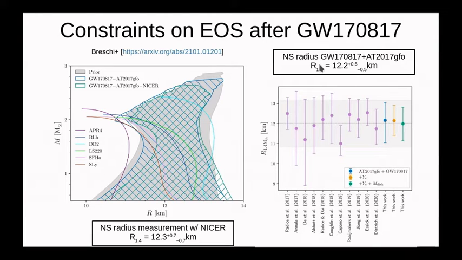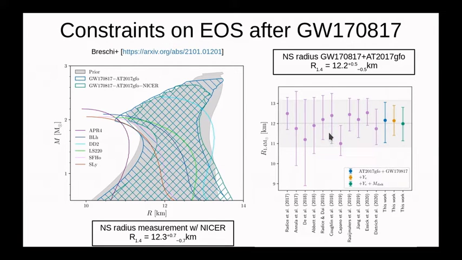So this game has been played by various groups, using different models, also using different observations. This is a summary of some of the results, and essentially all of these are consistent results so far.